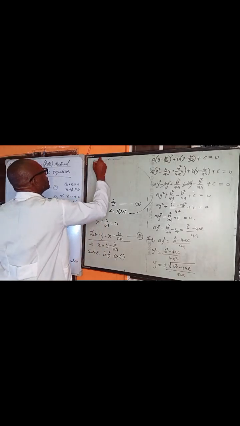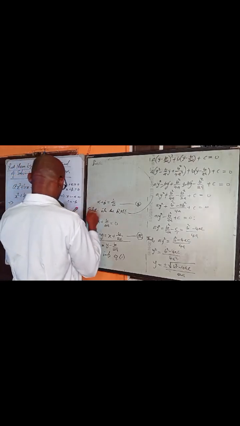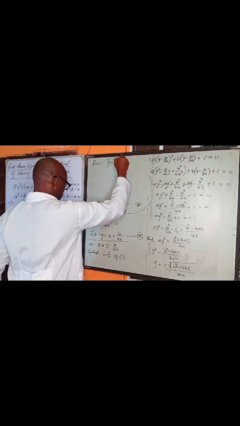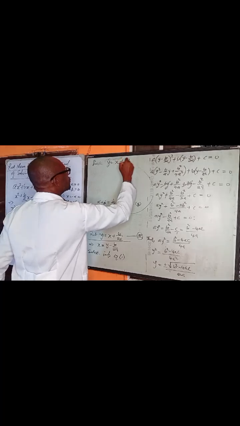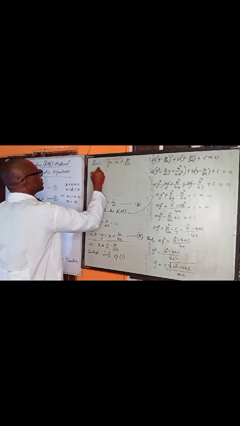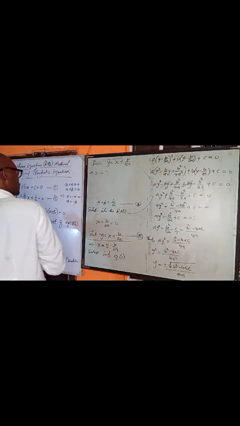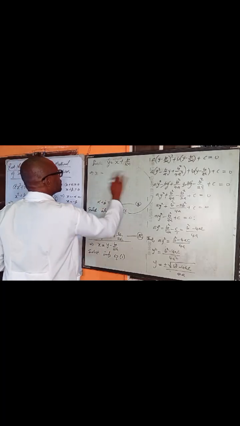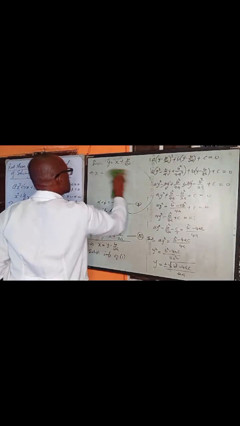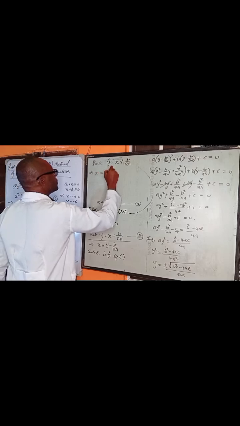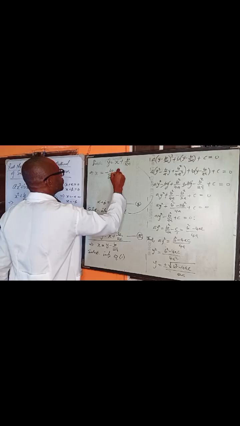Now, since y is equal to x plus b over 2a, it implies that our x is equals to minus b over 2a plus y.